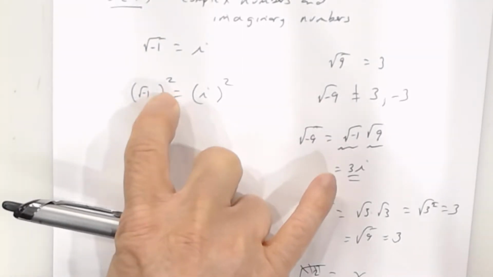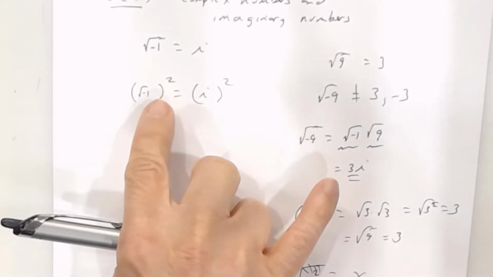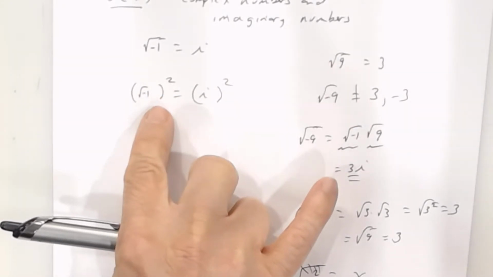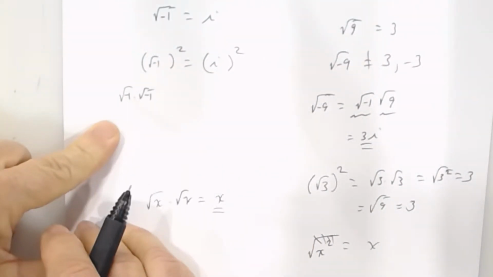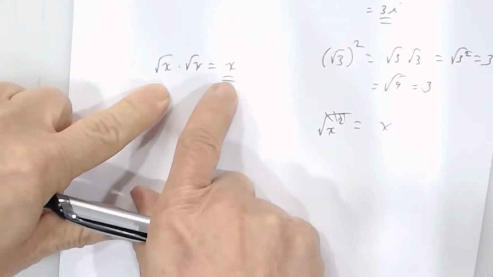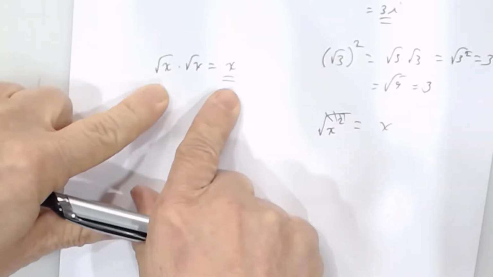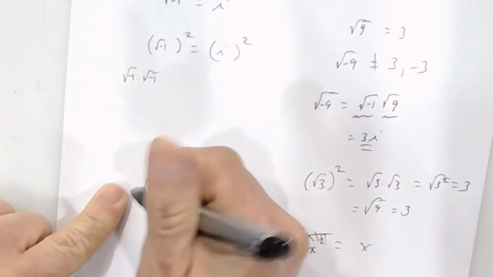What I asked was, what's the square root of a negative 1 squared? Negative 1. The square root of a negative 1 squared is the square root of a negative 1 times the square root of negative 1, and we just discussed that the square root of x times the square root of x is just x, the radicand. What's my radicand here? Negative 1.